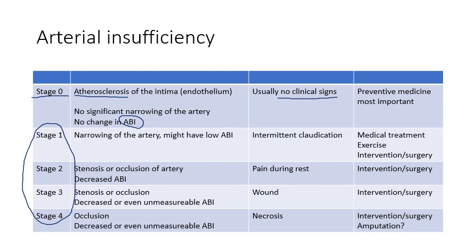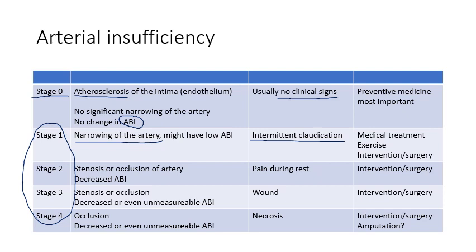And then we get into arterial insufficiency stage 1. That's when the narrowing of the artery becomes significant. So the patient might complain of intermittent claudication, meaning that they will feel pain in their leg as they move around. So if they walk maybe 500 meters, they'll tell you, or they'll tell their friends, I have to stop because I feel pain in my leg.